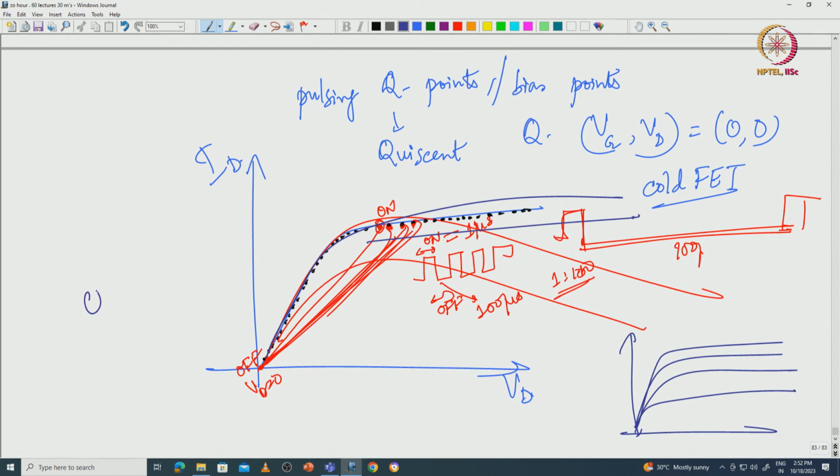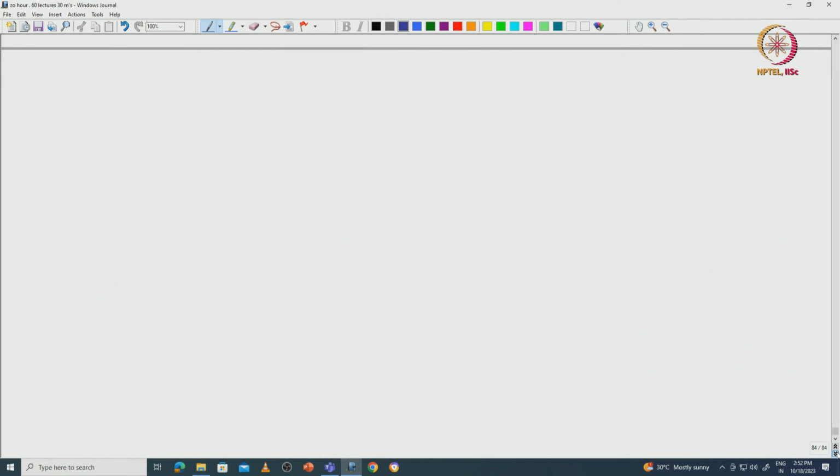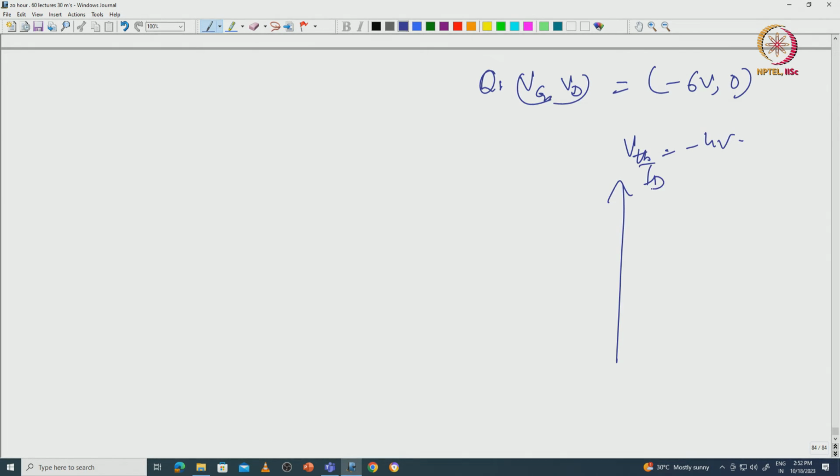Now what is current collapse? We probably have talked about it. Current collapse is basically when you put some stress on the gate or the drain, the current will collapse. It means the current with respect to this cold FET condition will reduce. What it means is that if my quiescent point is say Vg and Vd equal to -6 volt and 0 volt, whereas the threshold voltage is say -4 volt, then in an ID versus Vg plot my device looks like that.